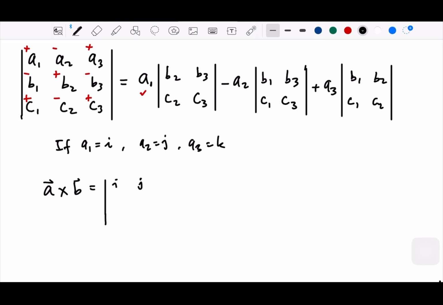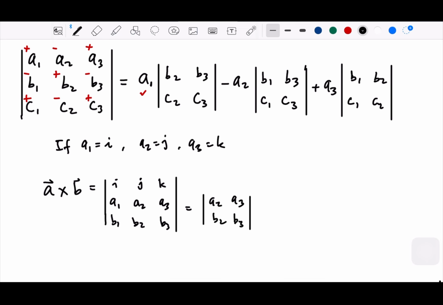Maybe this is I, J, K, and this is A1, A2, A3, sorry. This is B1, B2, B3. And simply this is going to be A2, A3, B2, B3.